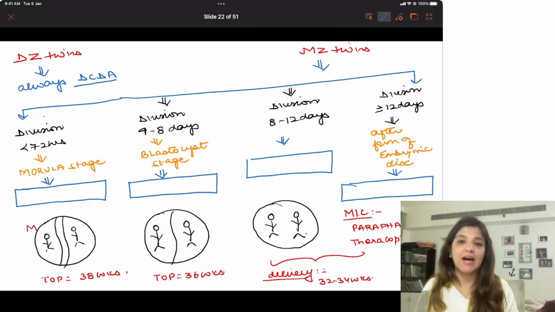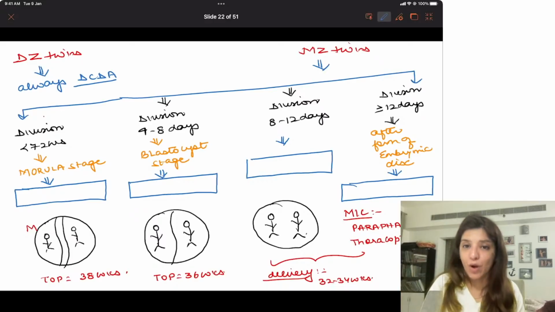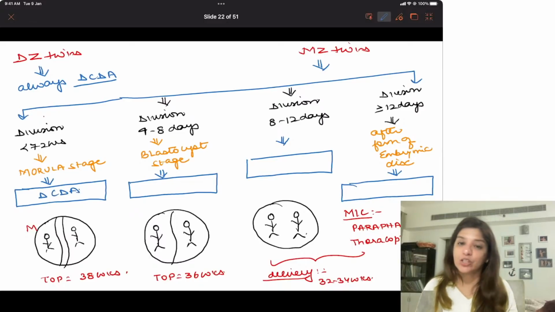So please remember a few very, very basic things. The basic things are that dizygotic twins and monozygotic twins, all of you know. Now dizygotic twins, they are always dichorionic, diamniotic. But monozygotic twins, if division is happening at less than 72 hours, that means if division is happening in the morula stage, you get dichorionic diamniotic twins.